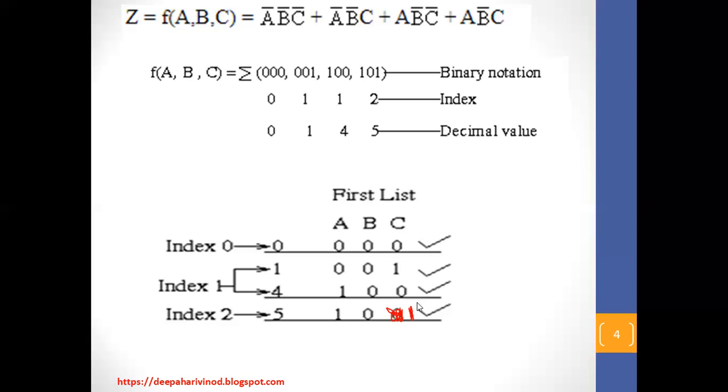Each binary combination you map into the particular index. First, you have to find out the number of indexes. For example, in this case we have 3 indexes: index 0, index 1, and index 2. I have the 4 combinations in the question, and I have to map all these 4 combinations into the index depending upon the number of ones present in the combination. That is the first step of Quine-McCluskey. Hope this is clear.